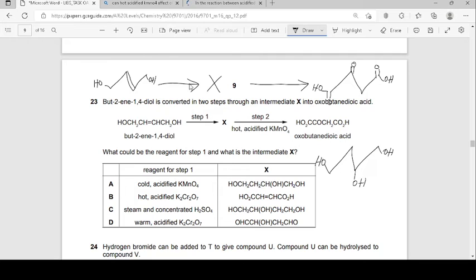I feel like I don't exactly remember, but hot acidified KMnO4, I think it won't do anything to this thing, but it will be able to affect the end ones, or it's either that or the reverse of it. I don't exactly remember, but I think it will affect the end ones, but not this one, or something like that.